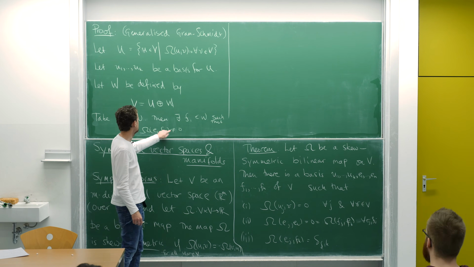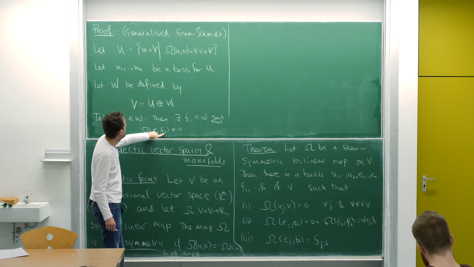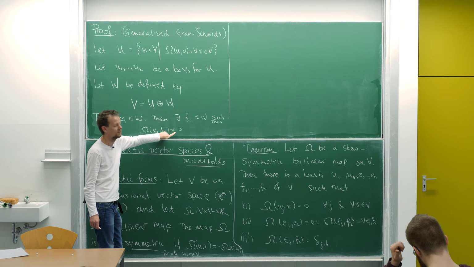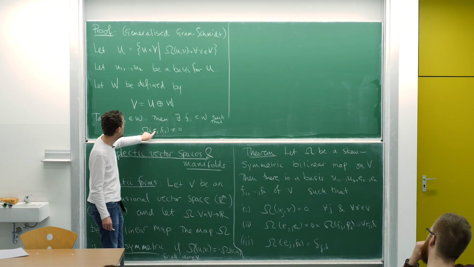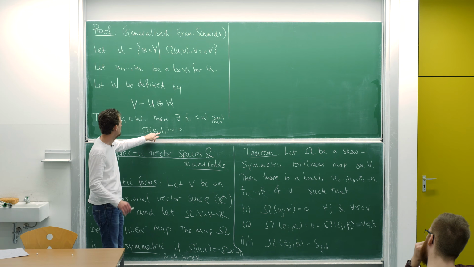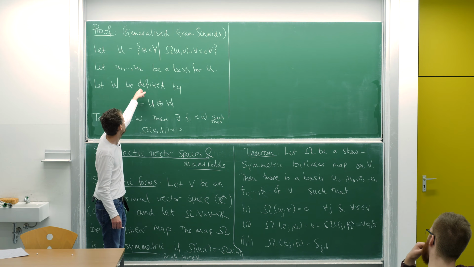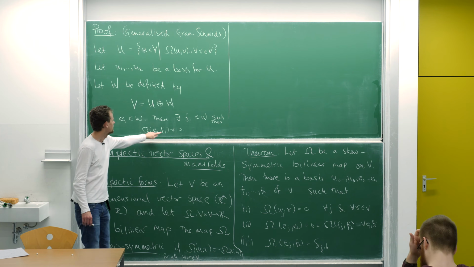Why does it definitely exist? Well, if there was no F1 that evaluated to not 0 in W, then that would mean that E1 had a 0 inner product, or skew symmetric product, with every vector in W and therefore belongs to U. So F1 is there, it's out there, find it.